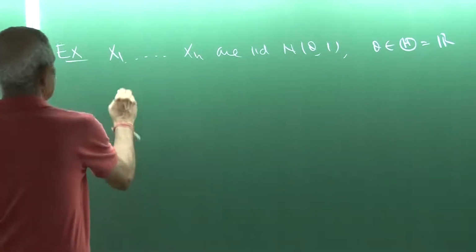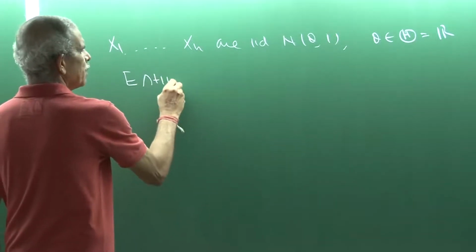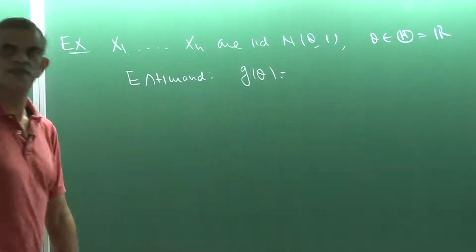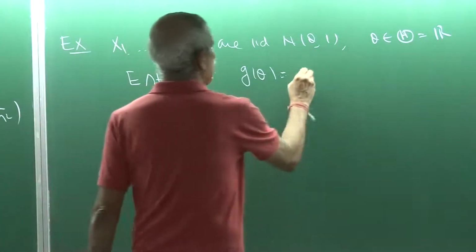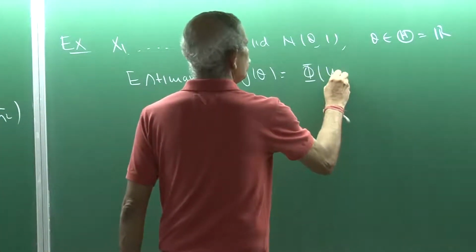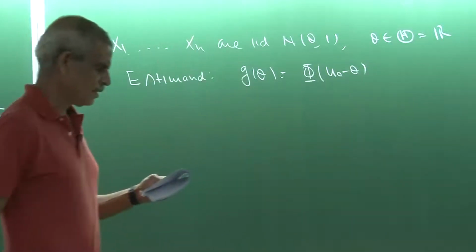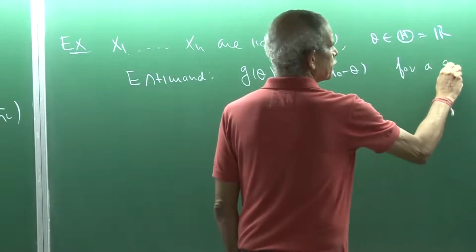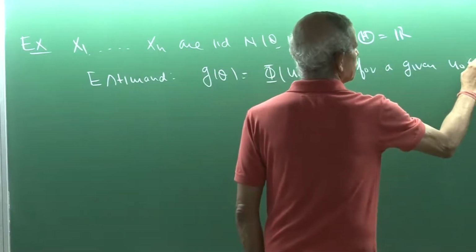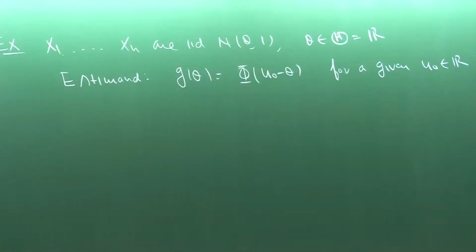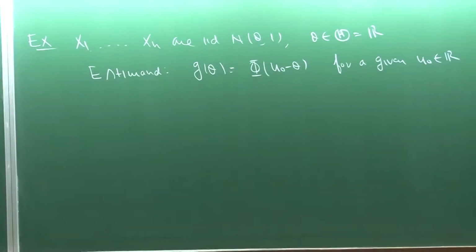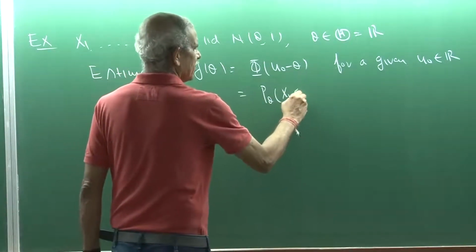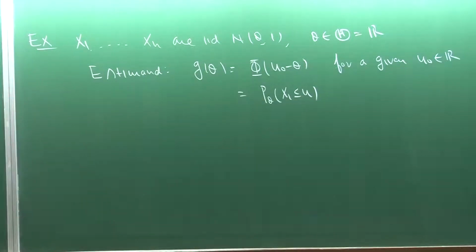And my estimand is g theta, which is phi of u naught minus theta for a given constant u naught. So u naught is given to you. This is like a quantile. This will be nothing but a quantile, because this is the same as the probability that x1 minus theta is less than or equal to u naught. That is what you are interested in.